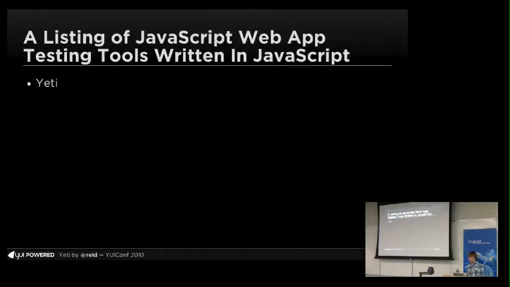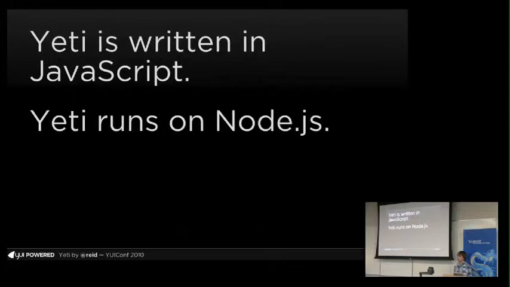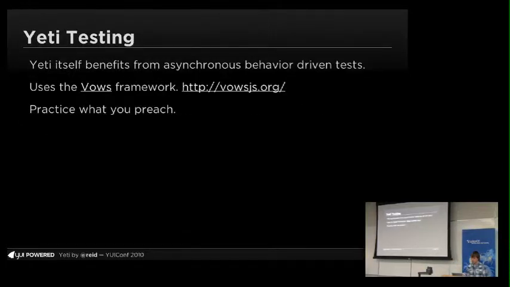Cool. So I want to give you a listing of JavaScript web app tools in JavaScript. Yeti is it. Yeti is written in JavaScript, and it runs on Node. I mention this not just to say how cool Node is, but because it actually takes advantage of a lot of things that Node gives anyone that works with Node. In particular, Yeti is tested really well.